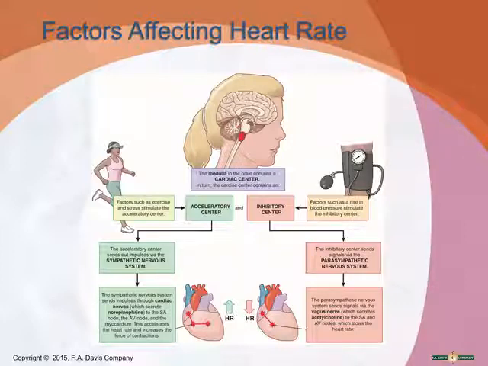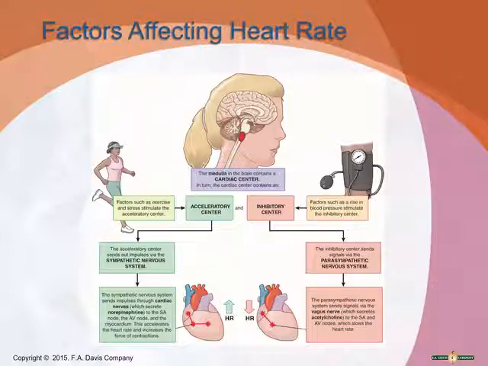That stimulates the acceleratory center that's in the medulla of your brain, which then sends out some impulses through the sympathetic nervous system. And remember, the sympathetic nervous system works to increase your heart rate. So the sympathetic nervous system says to the heart, hey, we're detecting some things that are saying you need to beat a little faster, get a little more blood out there.